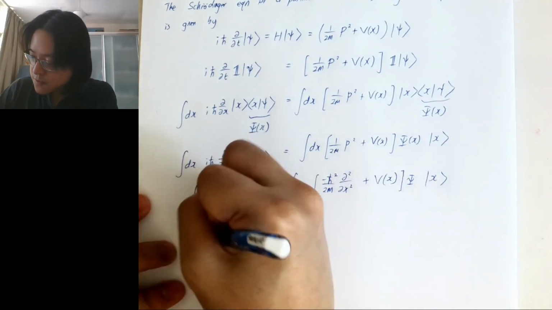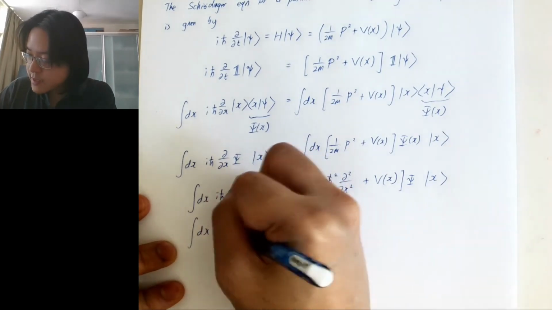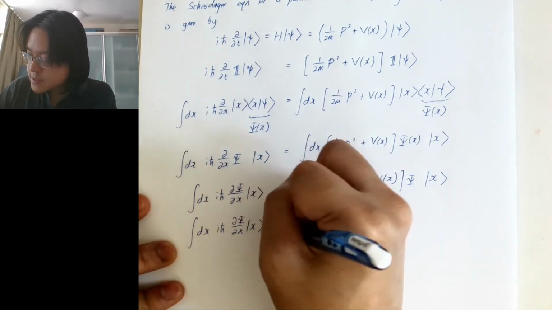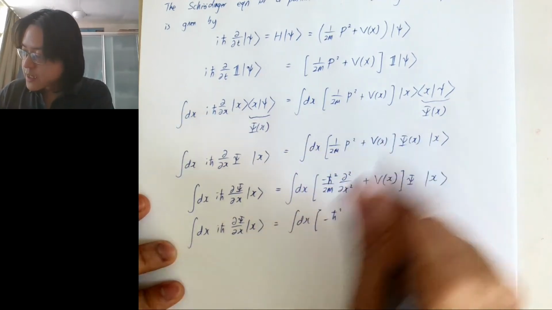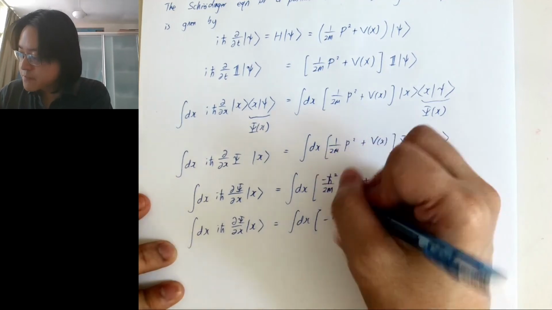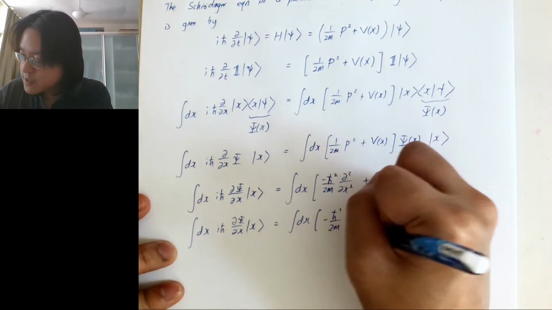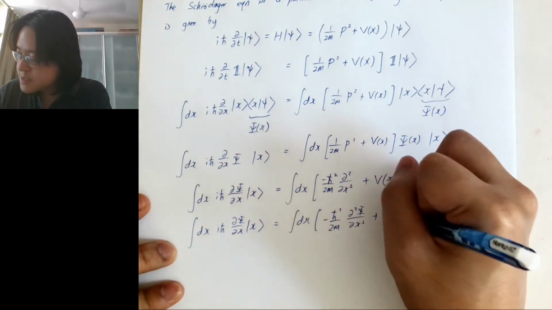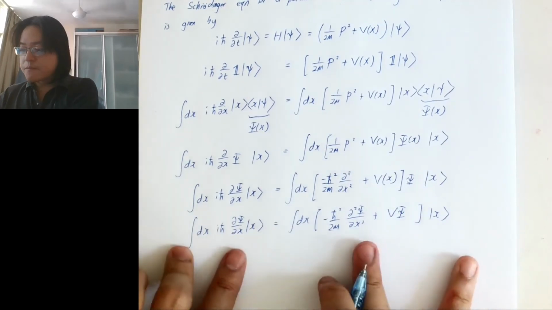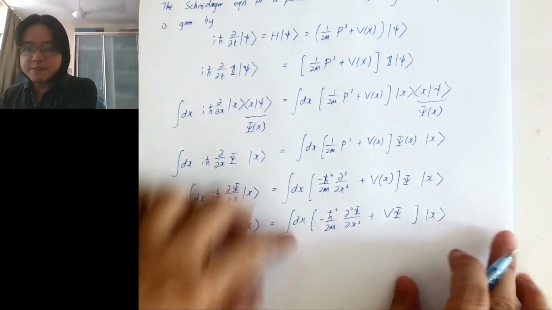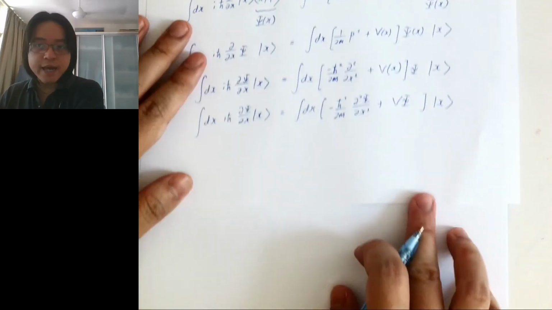So notice that I have i h bar d psi dx in the basis x equals the integral dx of h bar squared, and multiplying inside the brackets, it's d squared psi dx squared plus V times psi, and then the basis x. So the integrals are the same, so we assume that the integrands inside shall be the same because this is for arbitrary x.